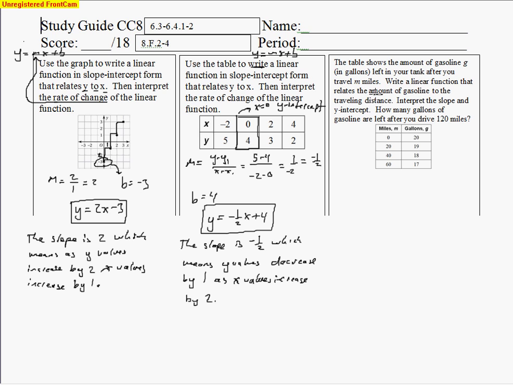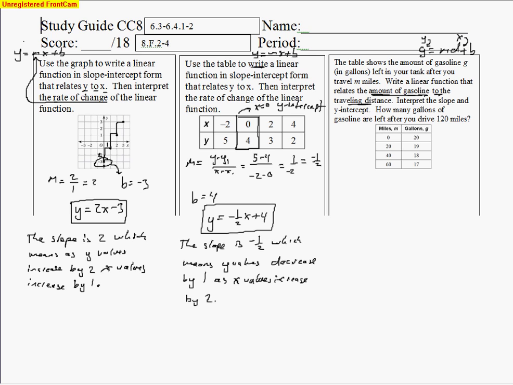Now let's see how it says amount of gasoline to the distance traveled, just like here, y to x. So we're going to do the amount of gasoline to the amount of distance traveled. So md plus b. So instead of y and x, we're using g and d. Or actually, instead of d, they used m.